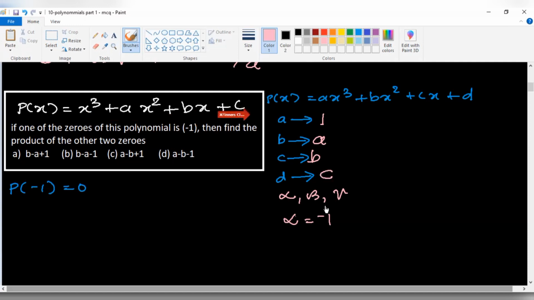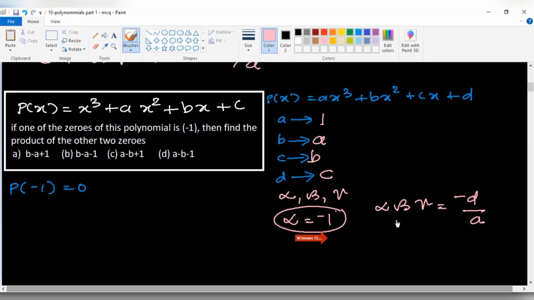And normally we take alpha, beta, gamma as the zeros of this cubic polynomial. In the question it is given that one of the zeros of this polynomial is -1, so let us take alpha as -1. Then for alpha beta gamma, the product of 3 zeros, we know it is -d by a.